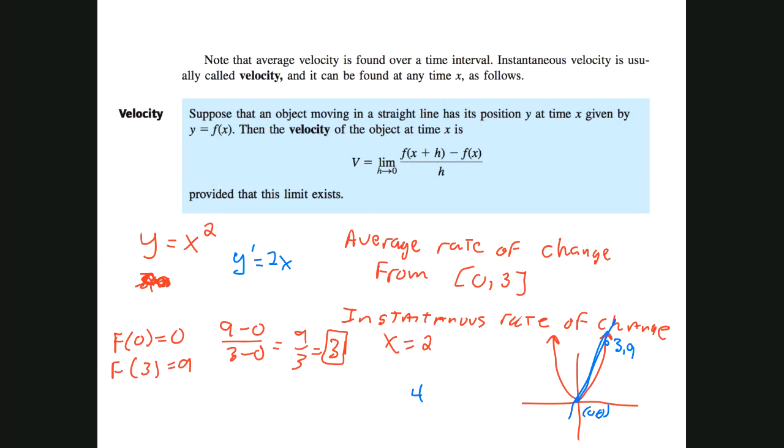Do you understand how we came up with the instantaneous rate of change? And the average rate of change? You good on that one too? Okay. So there's a huge difference between average rate of change and instantaneous rate of change.